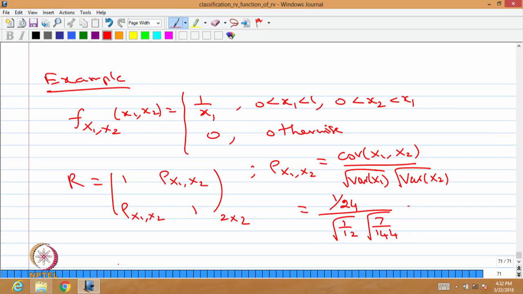You do the simplification, you will get the answer, that is 0.6546. Therefore, this R matrix is going to be 1, 0.6546, 0.6546, 1. That is going to be the correlation matrix for the same example which we have discussed earlier.